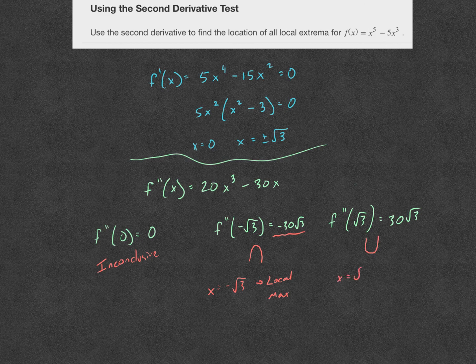So at x equals positive root 3, that is a local minimum. Again, I think that the pictures for this one, even though they're quite simple to draw, help to solidify it, because it's kind of opposite. When it's negative, that's a max. That's kind of confusing, or counterintuitive maybe, but it's because the graph looks like that.